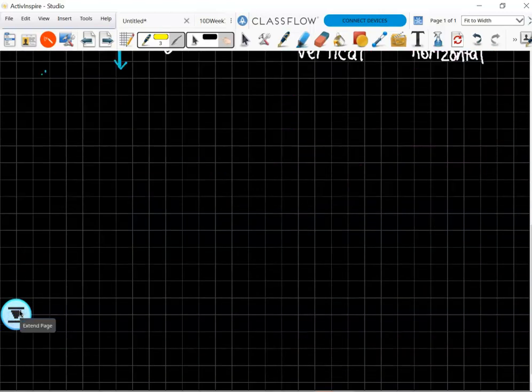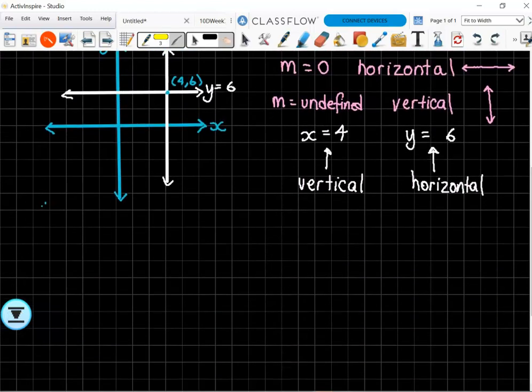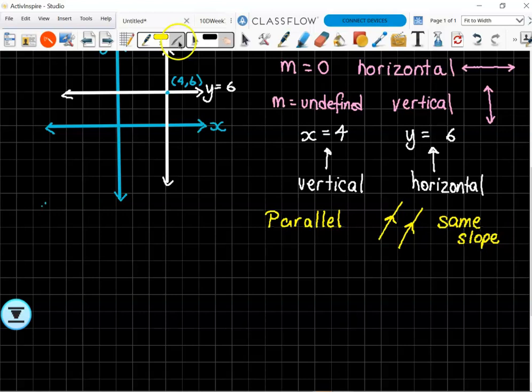So parallel. As Grace was telling us, parallel, and we indicate it like that, never touch. And therefore, these would have the same slope. Agreed? Parallel, same slope.